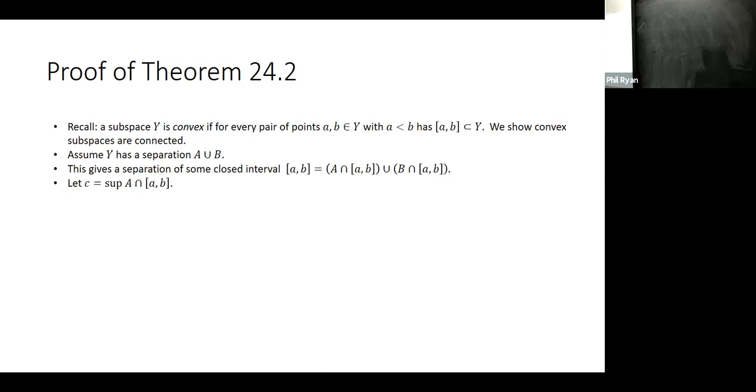Now let's consider the sup of, let's say, A intersected with the closed interval AB. We're just assuming that A is less than B, we don't know which one.